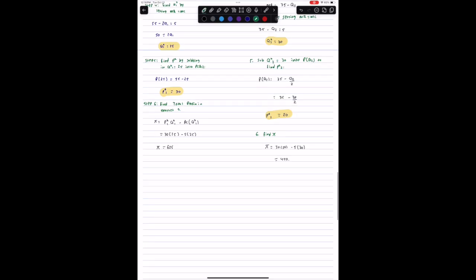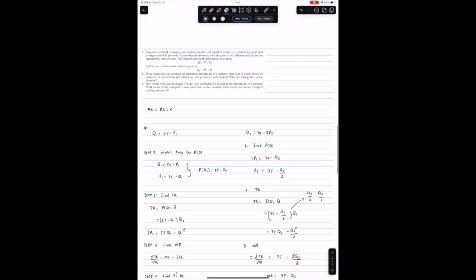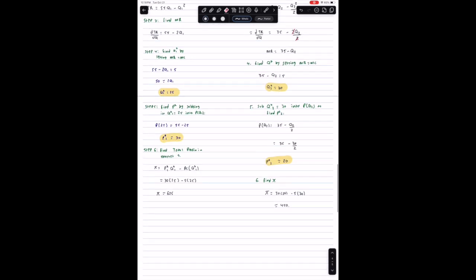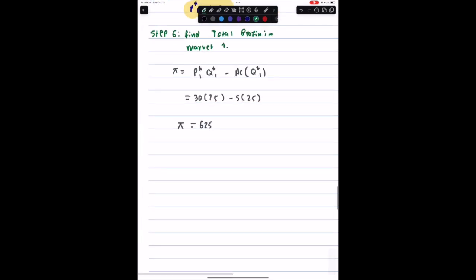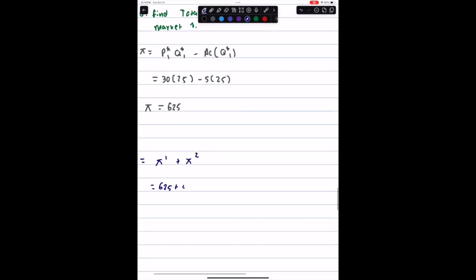Perfect. Now, finally, in the question, it asked, what are the total profits in this situation? So we know that total profit is equal to the profit in the first market plus the profit in the second market, which is equal to 625 plus 450, which is equal to 1,075.